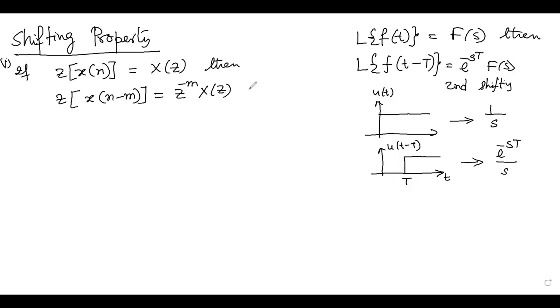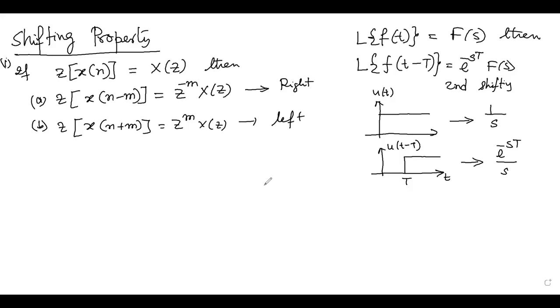This is basically the right shifting. And the Z transform of x[n plus m] is equal to z to the power m times X(z). This is the left shifting. That means, say, we have a signal.